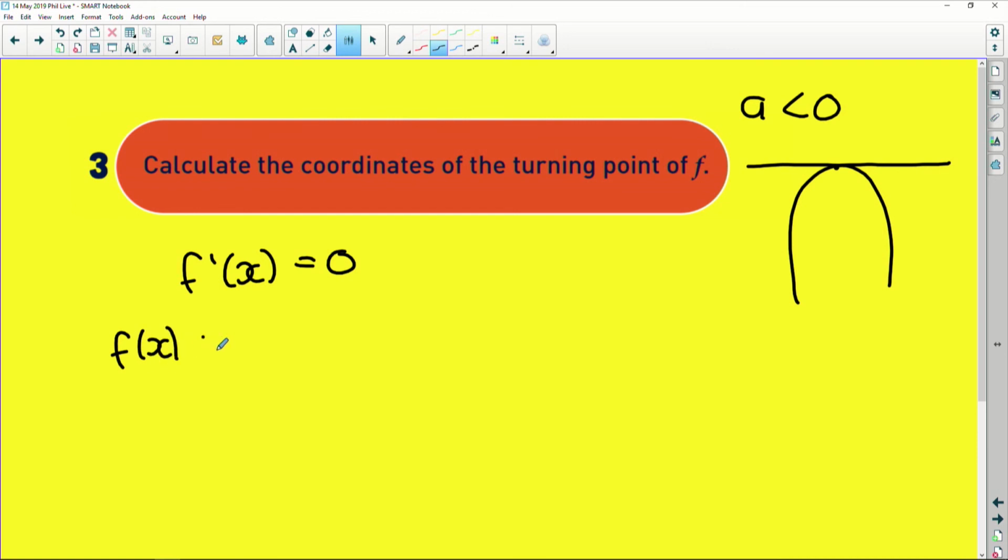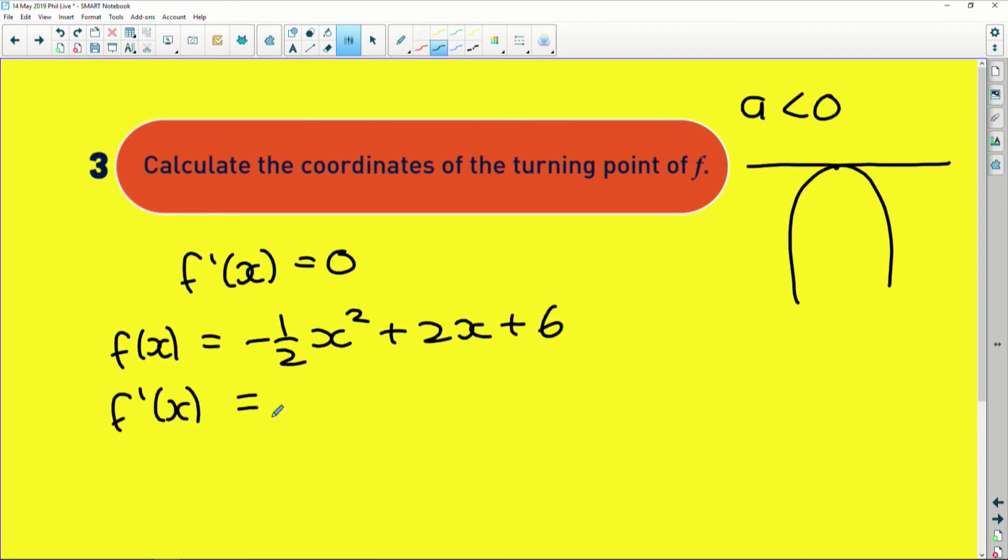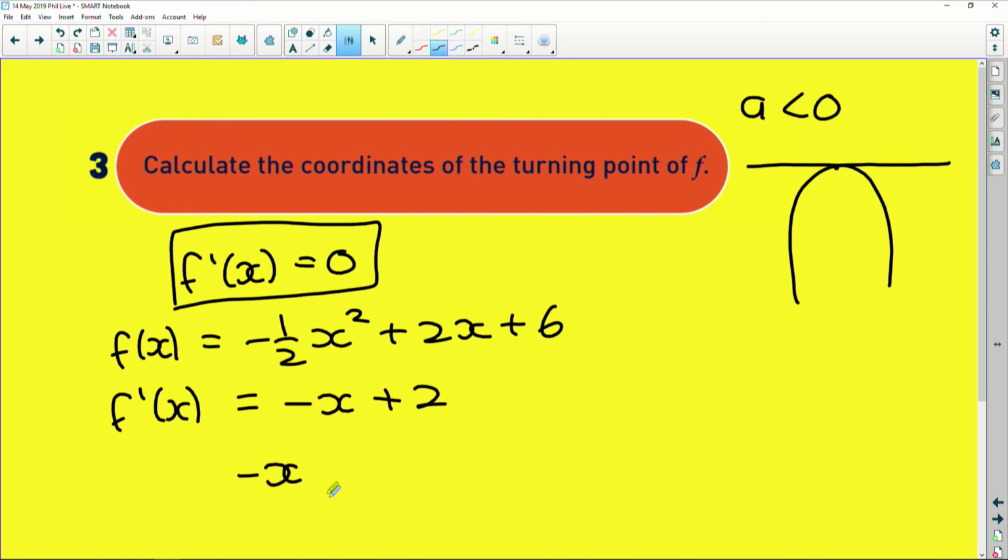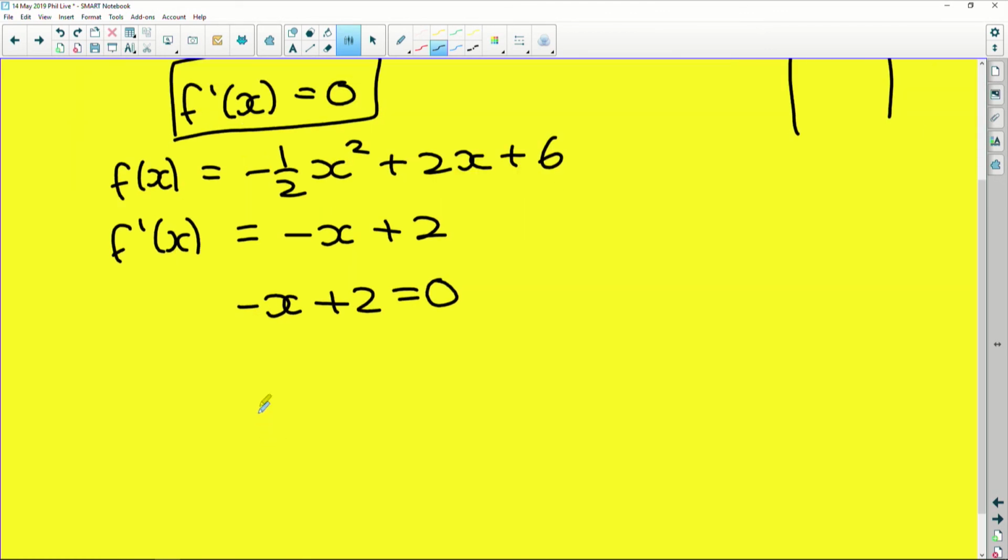Remember, f of x was given to us as negative a half x squared plus 2x plus 6. So that means that f prime of x is equal to 2 multiplied by negative a half, which is just negative 1, x plus 2. But remember, f prime of x is equal to 0 at the turning point. So if we say negative x plus 2 is equal to 0, that gives us negative x is equal to negative 2, which means that x is equal to 2.